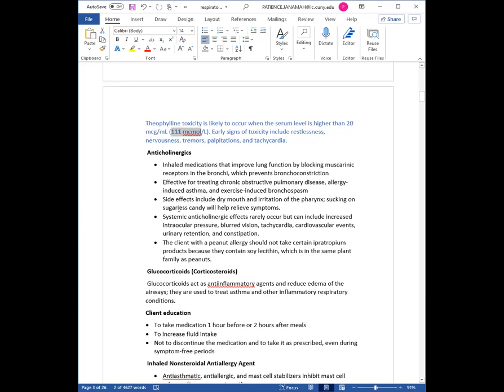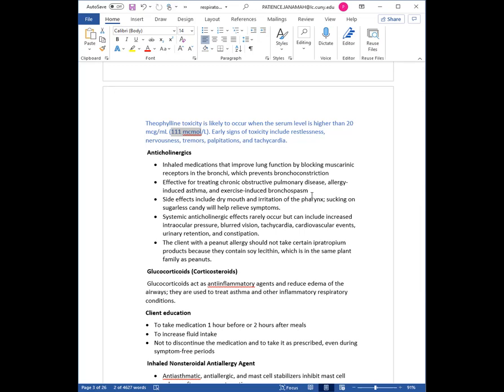Sucking on sugarless candy will help relieve these symptoms.